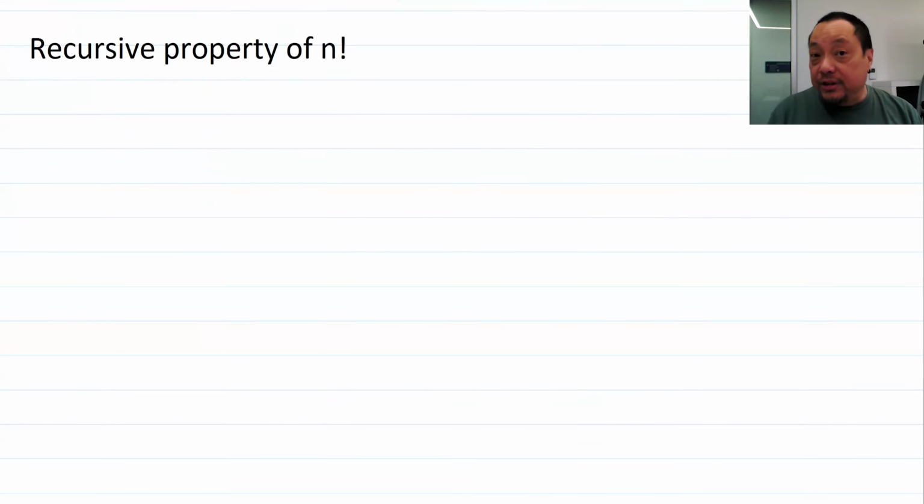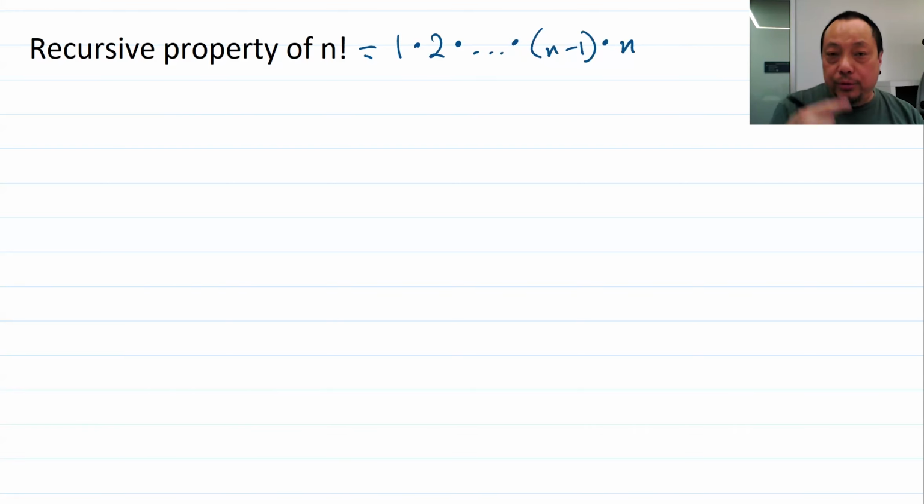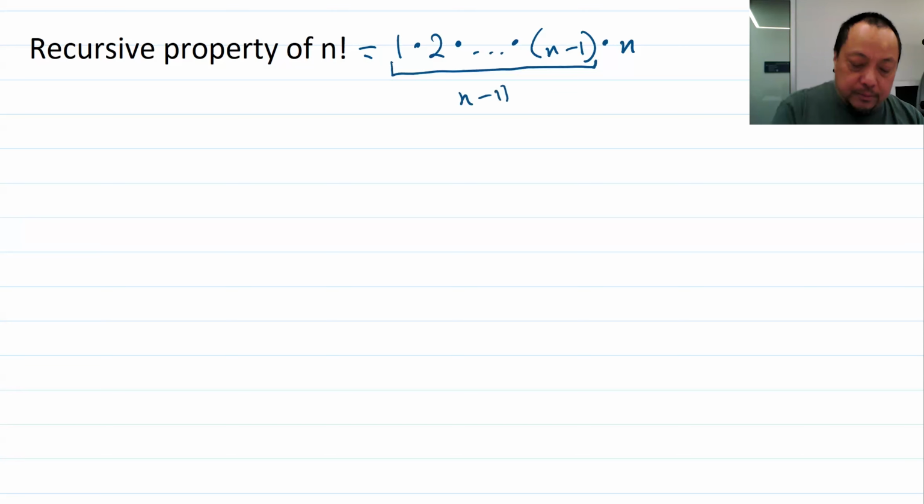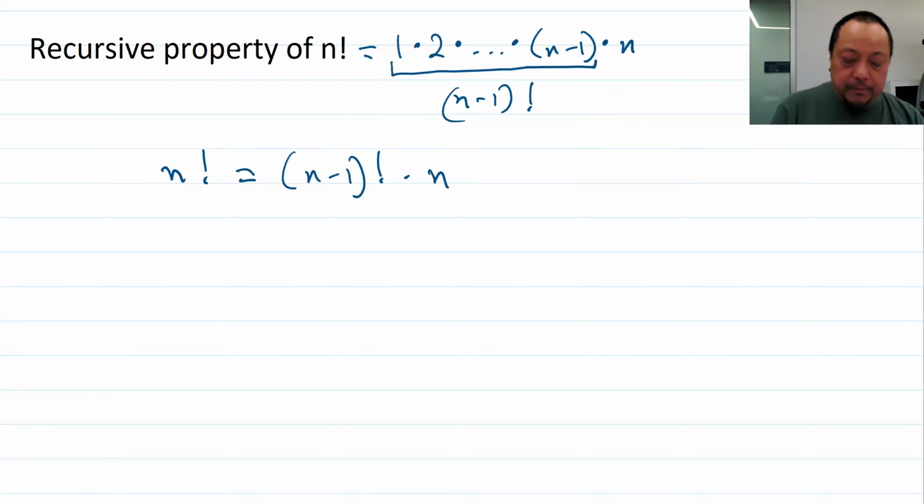And that is the recursive property of n factorial. The recursive property comes out of the definition of n factorial: 1 times 2 all the way up to n minus 1 and then n. Well, this whole thing is n factorial, but this part here is n minus 1 factorial. So we have the recursive relationship that says n factorial is equal to (n minus 1) factorial times n.